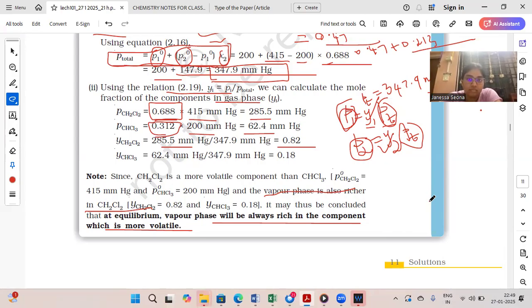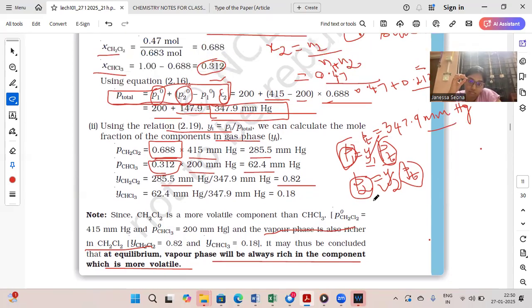Yes, Jenisa. Let's continue. So basically, we have seen that in both Henry's law and Raoult's law, the partial pressure is proportional to concentration of the solute, and this is one of the problems in which we can calculate the vapor pressure over the solution based on the vapor pressures of individual components that are present in the solution.